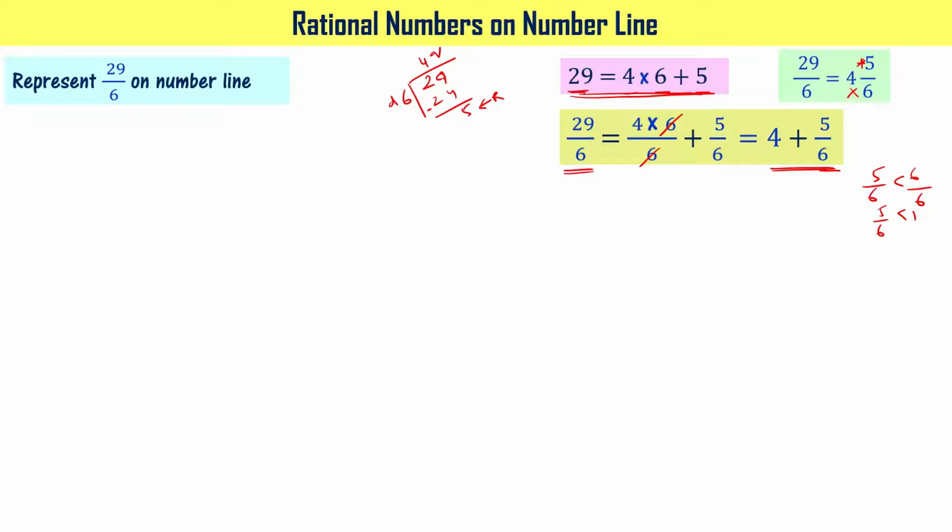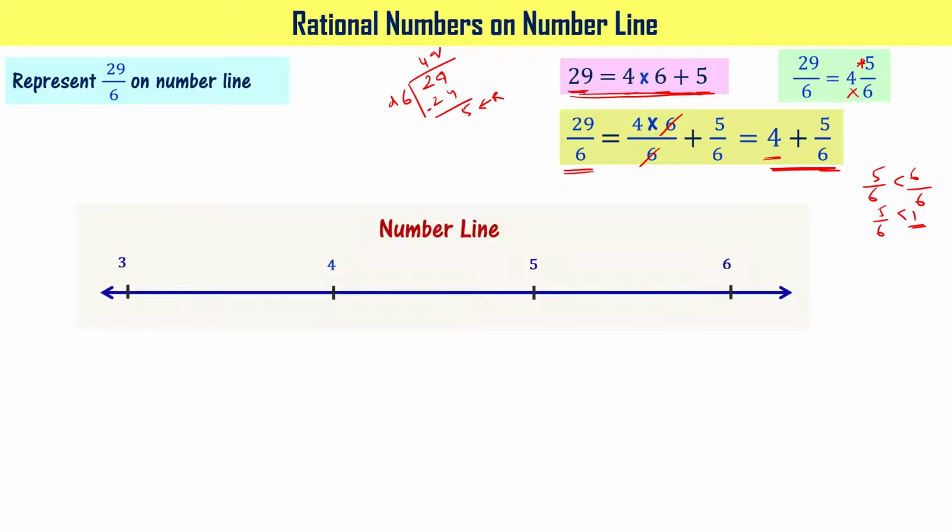It means the number we would be looking for is in between 4, that is the starting point, and 4 plus 5 by 6, that is less than 4 plus 1. 4 plus 1 is 5. So let's draw the number line. So in the number line, you have to have the numbers such as 4 and 5 because of this reason. We said that the number 29 by 6 is going to be in between 4 and 5, right?